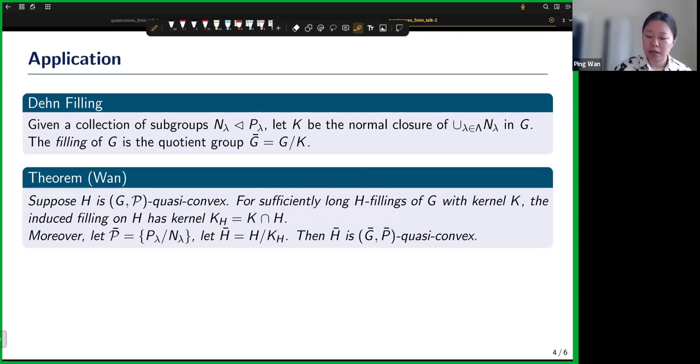Moreover, if I let H bar be H quotient by this filling kernel of itself, H bar is again a quasi-convex subgroup in G bar with respect to P bar. So that ensures that for nice fillings, after quotienting, I still have this quasi-convexity.